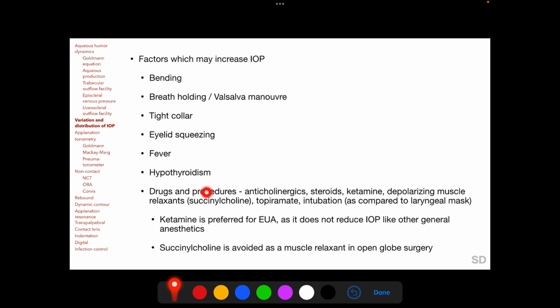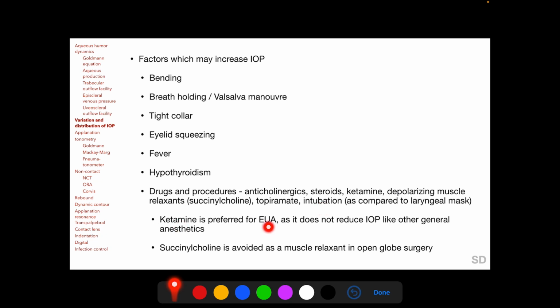Among drugs and procedures which increase intraocular pressure, we have anticholinergics, steroids, ketamine, depolarizing muscle relaxants such as succinylcholine, topiramate, and intubation as compared to laryngeal mask anesthesia.